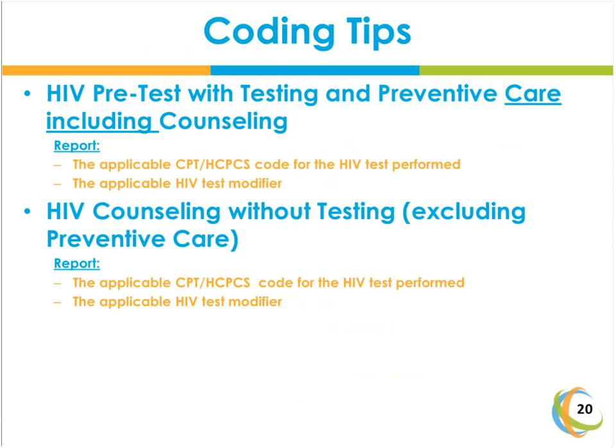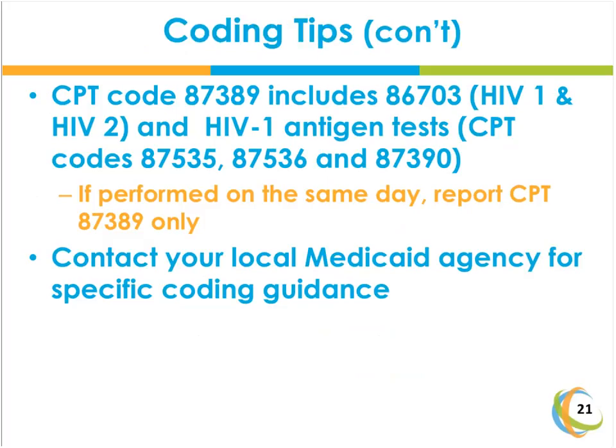Okay, so the next slide, CPT code 87389 includes 86703. So in the case of coding, most of the codes are bundled into one code that comprises all of the work necessary to perform the service.